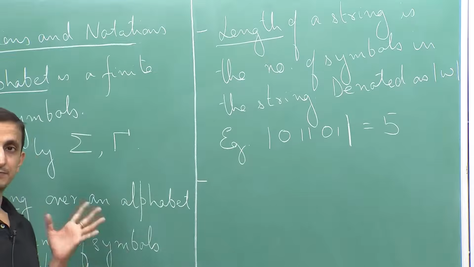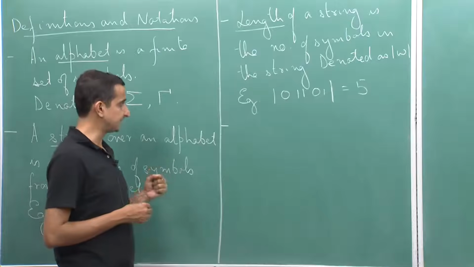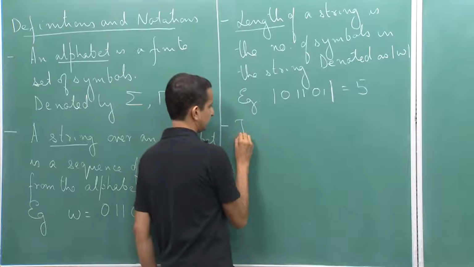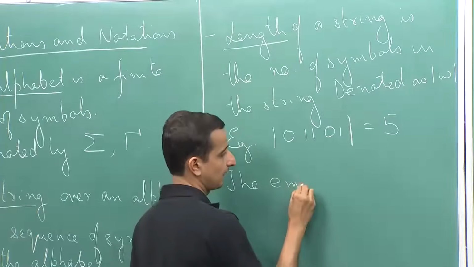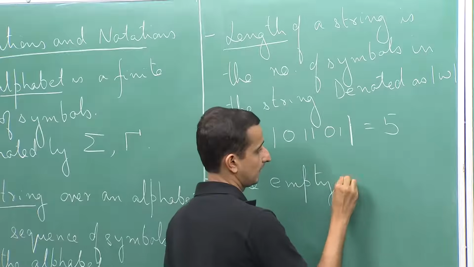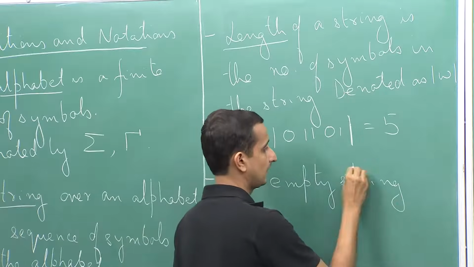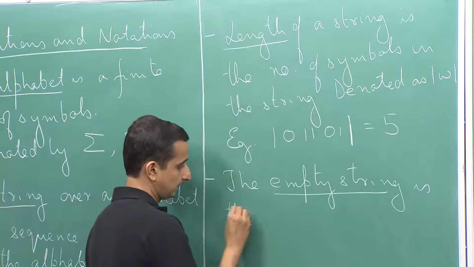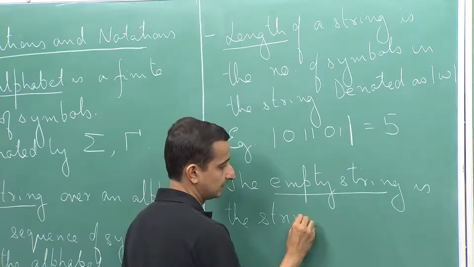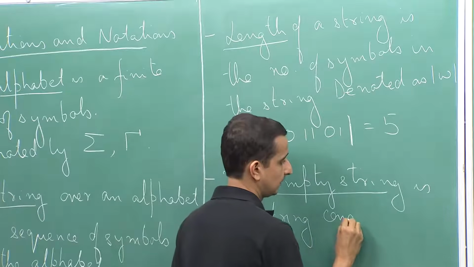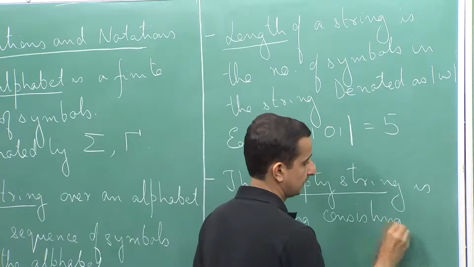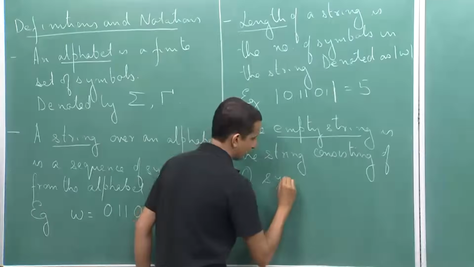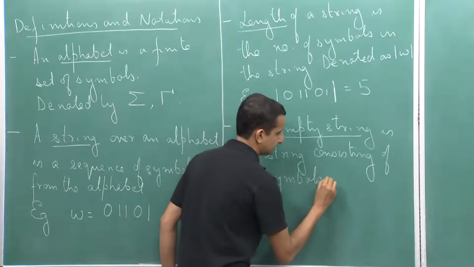So we also have a special type of string called the empty string, which is denoted as epsilon. So the empty string is the string consisting of 0 symbols.